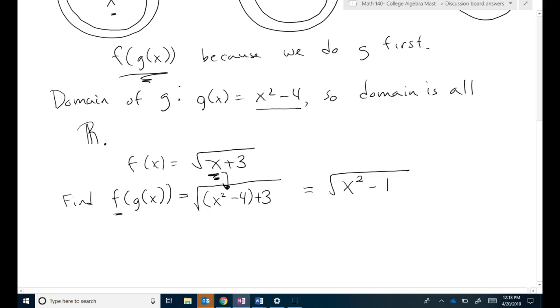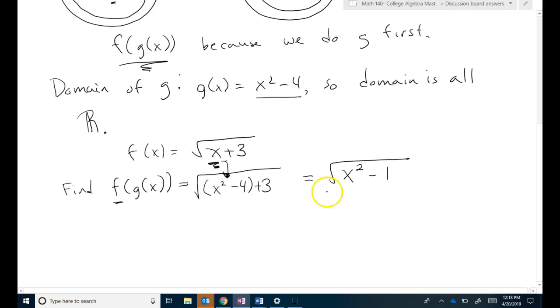Cool. All right. So this is the composed function. This is literally what f of g of x is. So if I asked you to find f of g of x, that's what I'm looking for.